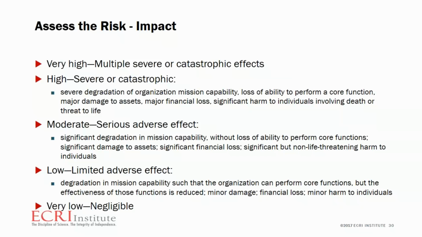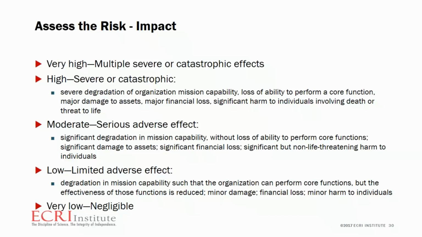So once you determine the likelihood, then you also have to determine the consequences of an incident. And we'll start from the bottom of this. It goes from very low, which is negligible impact, up to low, which would be minor effects. And we're focused here at ECRI on patient safety. So in regards to physical harm to patients, this would be minor harm.